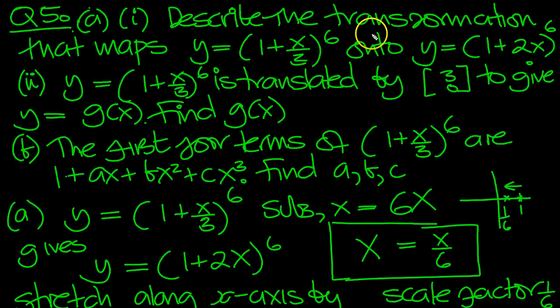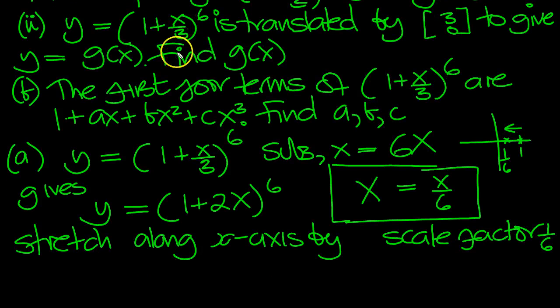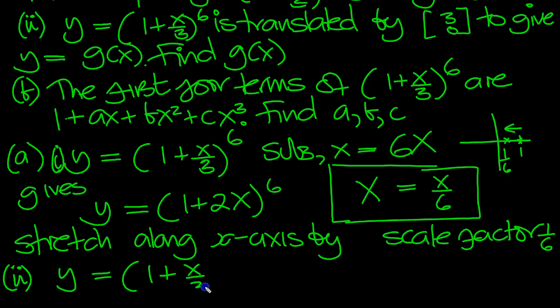Okay, so that's the first one. Y equals this is translated by this, moving along x 3 units and moving y vertically 0 to give y equal g of x. Find g of x. So this function, part 2 then, this is part 1. Y equals (1 plus x over 3) to the 6th.